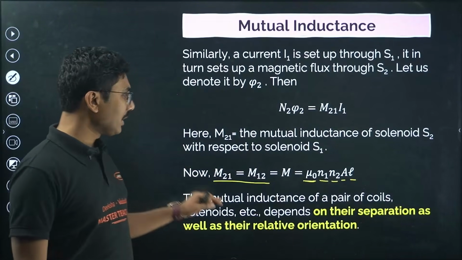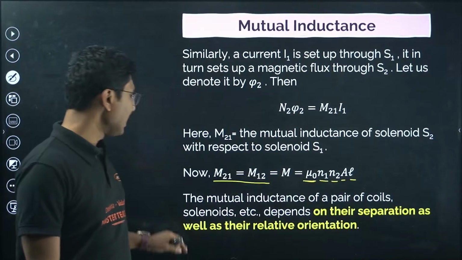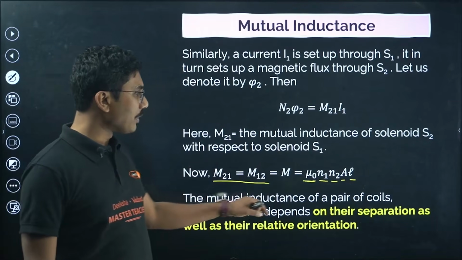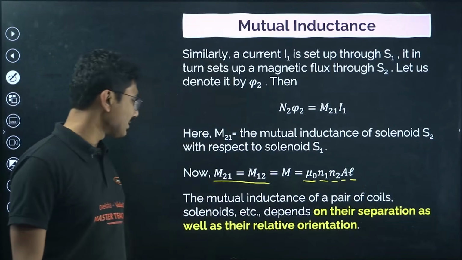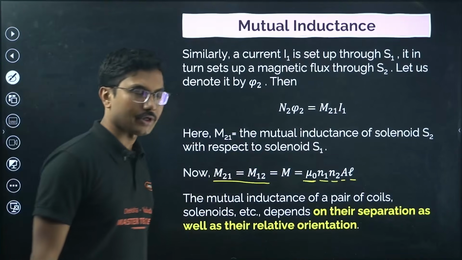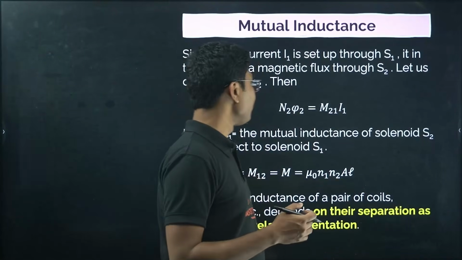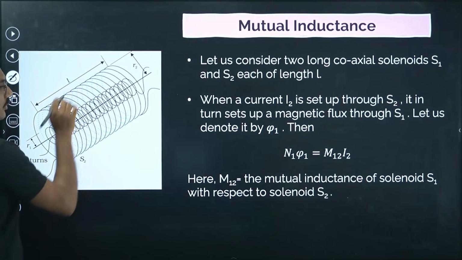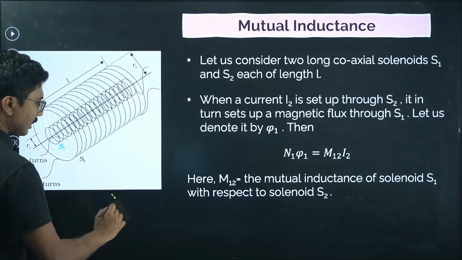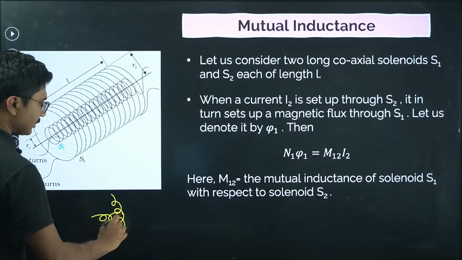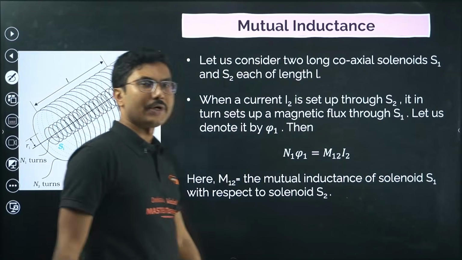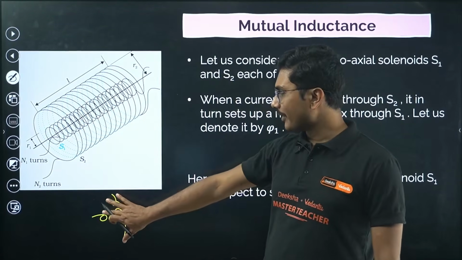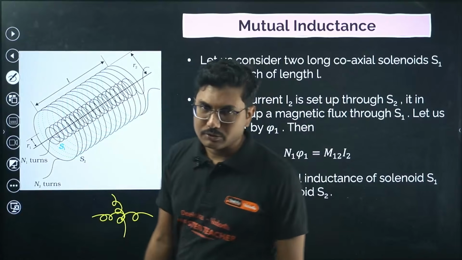So the mutual inductance of a pair of coils or solenoids depends on their separation as well as their relative orientation. In the previous case, we saw that they are coaxial. Instead of coaxial, suppose one coil is like this and another coil is like this. This will also give you a separate mutual inductance, but once the arrangement is fixed, the mutual inductance will also be fixed.